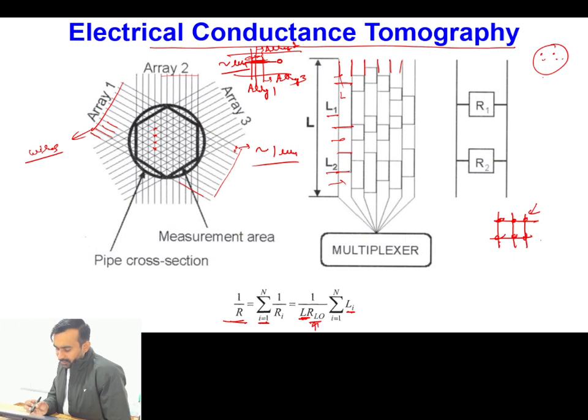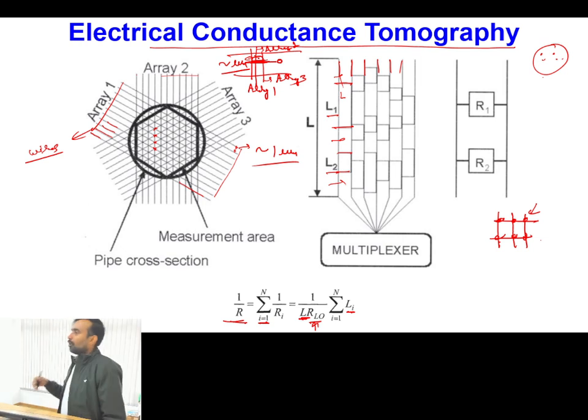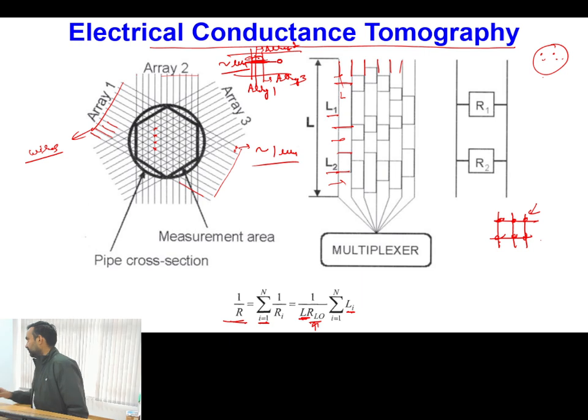Now, all these wires being very thin in diameter and placed at very narrow spacing between the plates, for most multiphase applications this will work without causing much influence on the flow pattern.